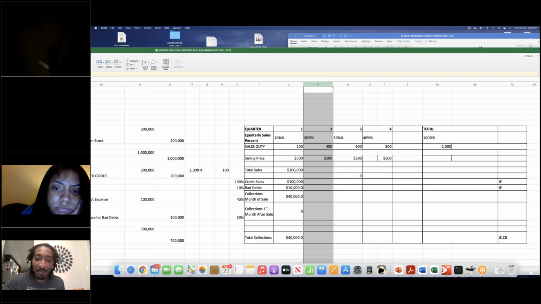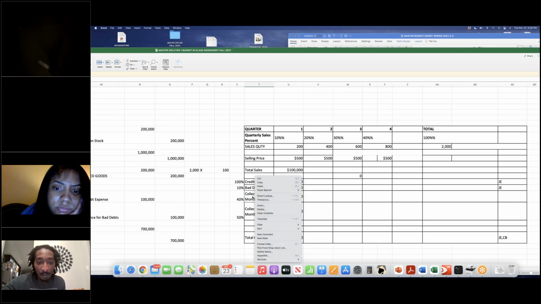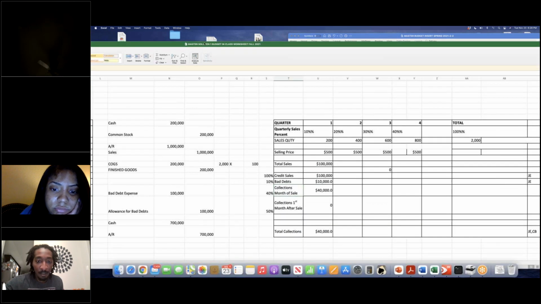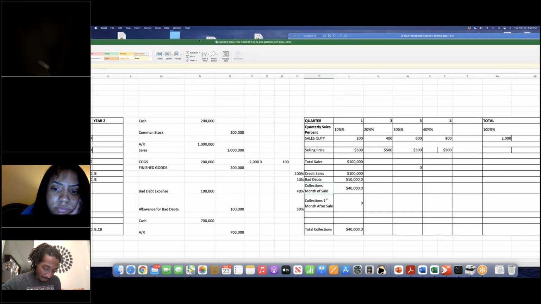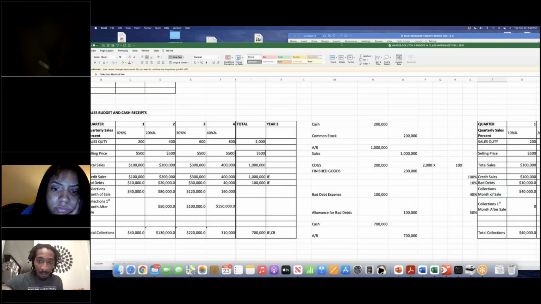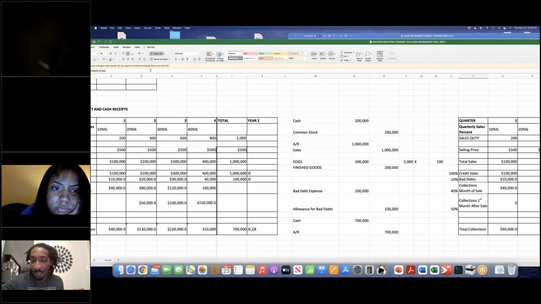The collections month of sale, and then collections first month after sale. Oh, I see what you're saying. Do we need to be dividing this number? We shouldn't be dividing it at all.